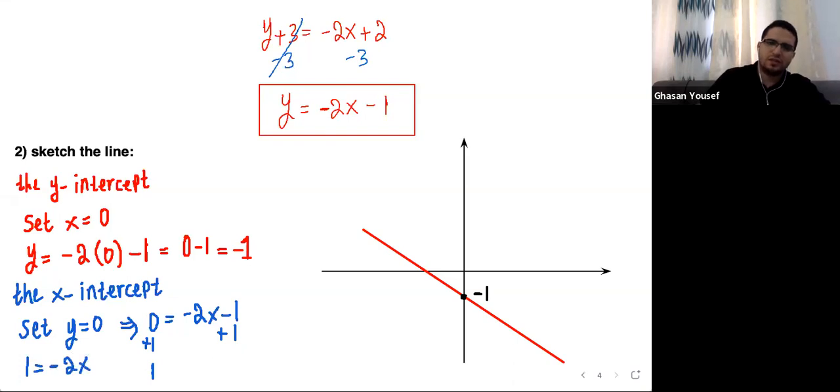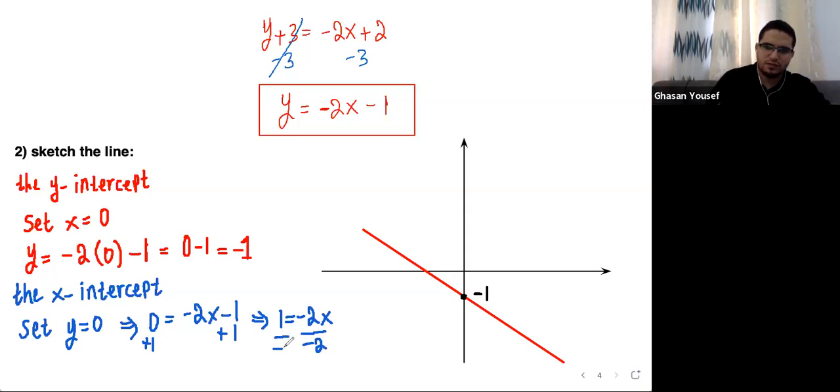Now divide both sides by what? By -2. I'm going to move it up because we don't have space here. So here I get 1 equals -2x. Now divide both sides by -2.